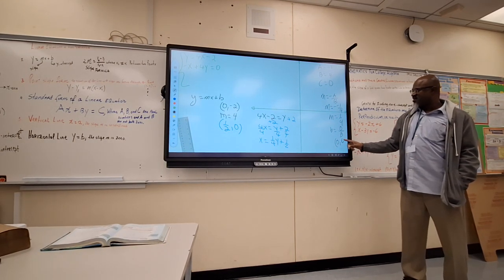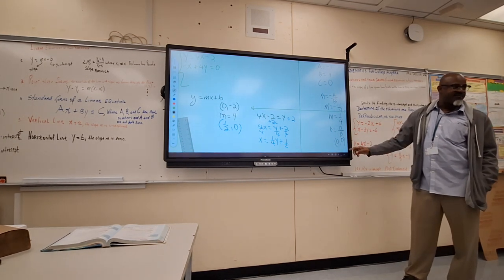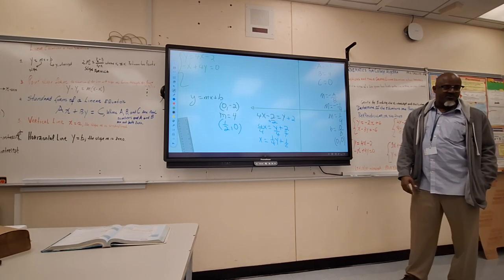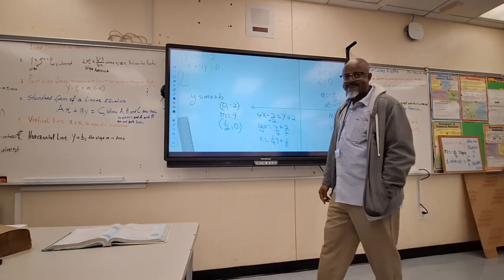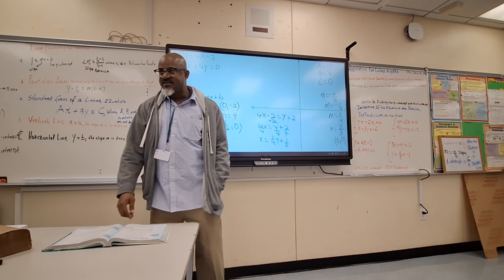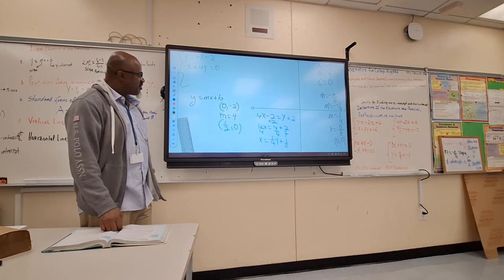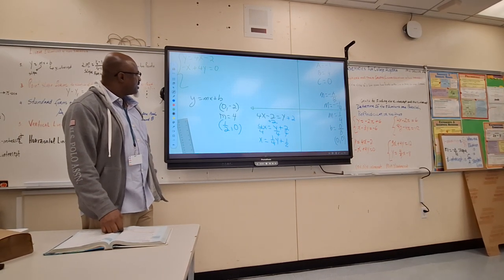Then x is 0, y is 0. Right? And I find a point which is 0, 0. Your x-intercept automatically will also be what? 0, 0, right? Make sense? That's the origin. So we are ready to graph. Before we graph, let's compare the slopes.